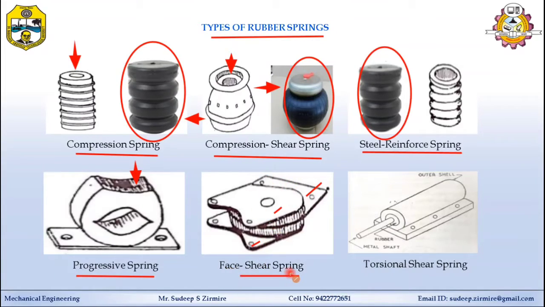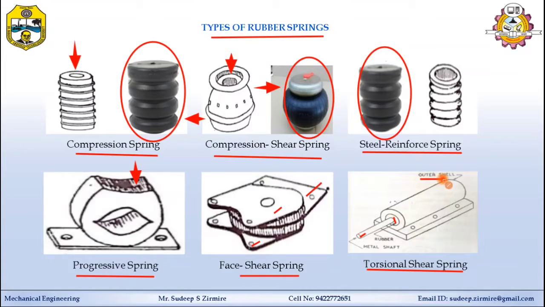And the last one is the torsional shear spring. It consists of an inner metal shaft. Here you can see the inner metal shaft, then a shell, tubular or solid, with rubber material inside, and this is called the outer shell.